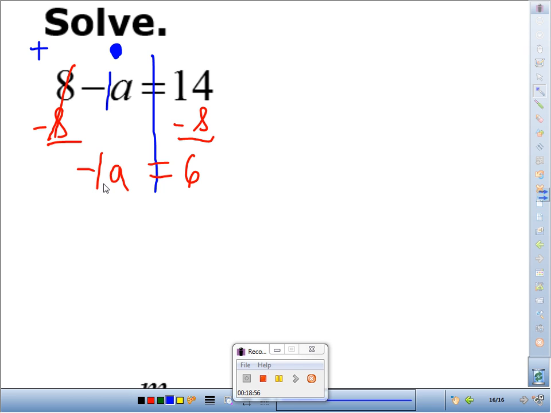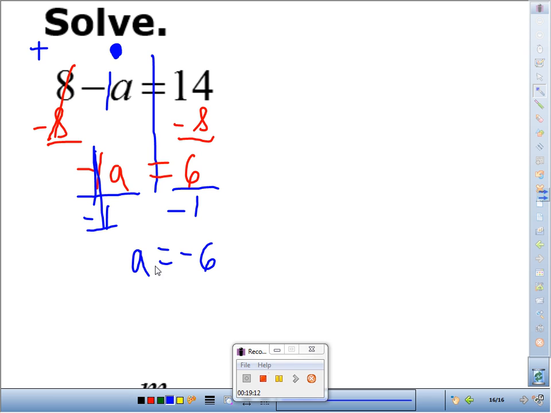Okay, so if there's multiplication here, what's my last step? Division. So we're going to divide by negative 1. The answer, a equals negative 6. Everybody got it? Okay. So we're not going to graph or check on this one.